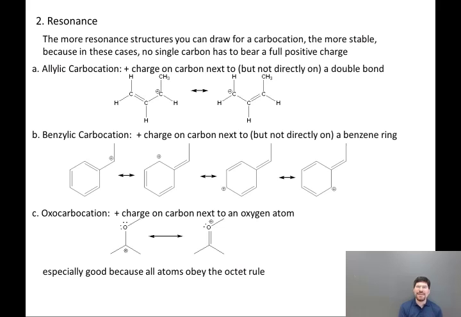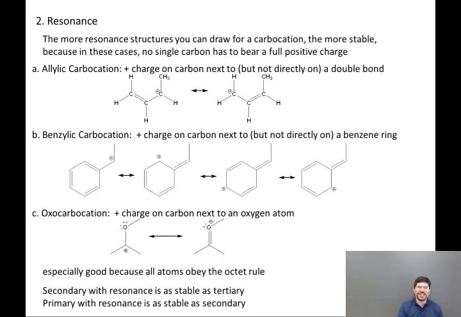In the allylic and benzylic, while you're sharing the positive charge, there is always an atom that has only 6 electrons around it. So how much of an effect does resonance have? Well, in general, a secondary with resonance is as stable as a tertiary, and a primary with resonance is as stable as a secondary. So if you have resonance, even if it's secondary, you can get into the SN1 game fairly easily.